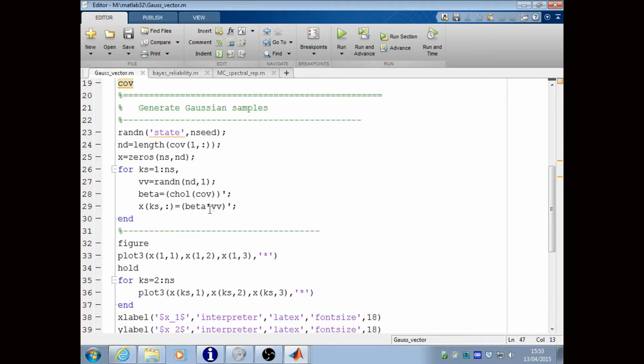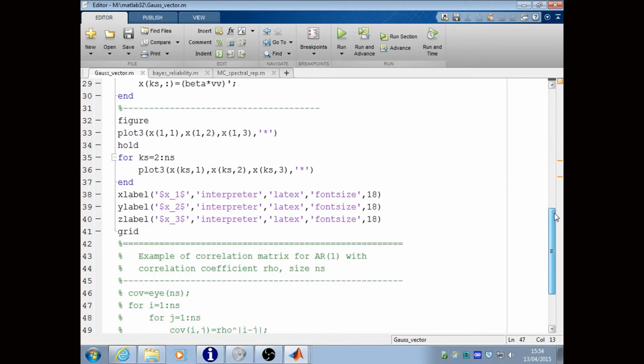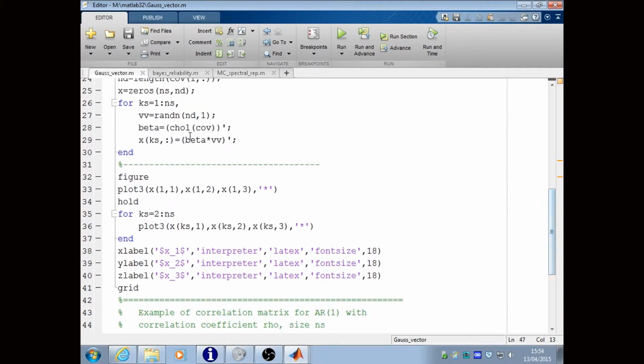And then you multiply beta, that matrix, with a particular sample, and keep doing this till you're done with the loop. And the rest is just plotting. I'm plotting dots of all the samples, and I'm going to show them to you right away. So is it clear how this code is done? Okay, including the correction that beta should have been done before the loop.